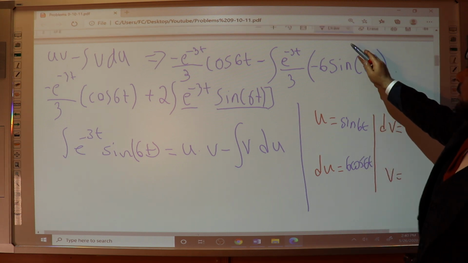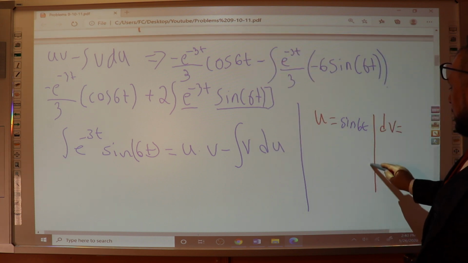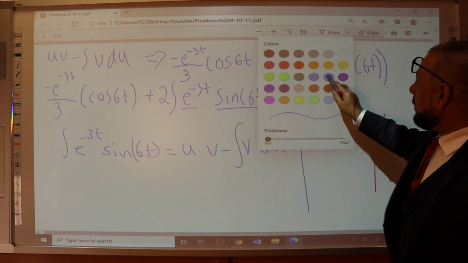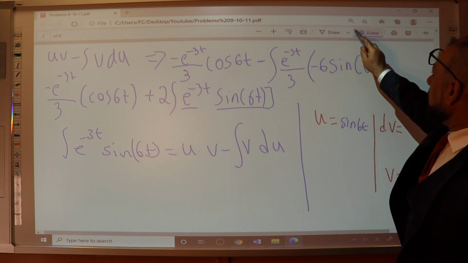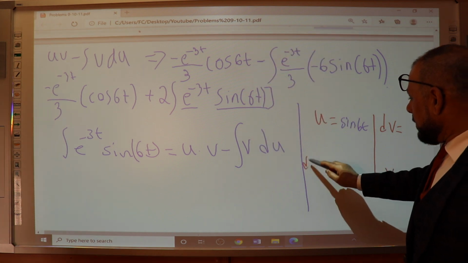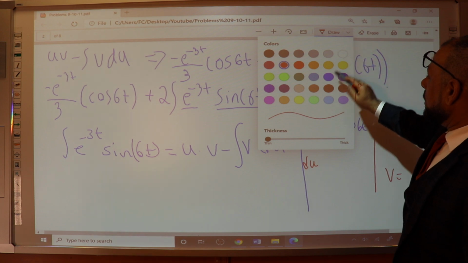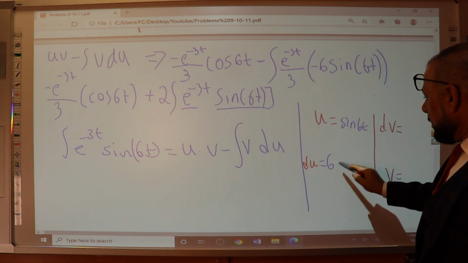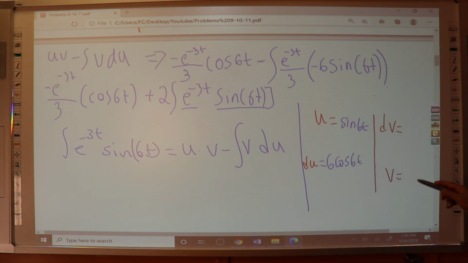Okay, we need more space for this, right? Here. du equal 6 cosine 6t. dv is what now?